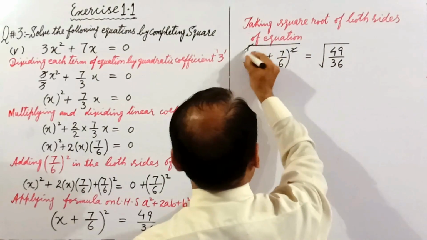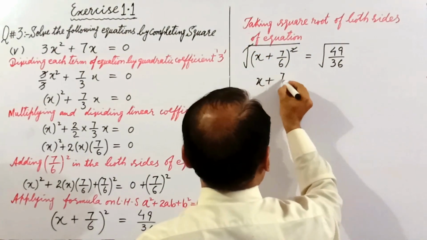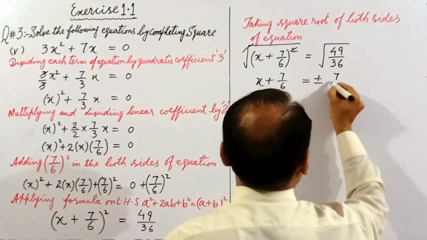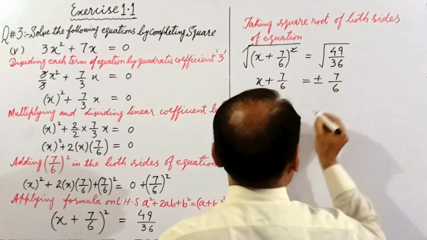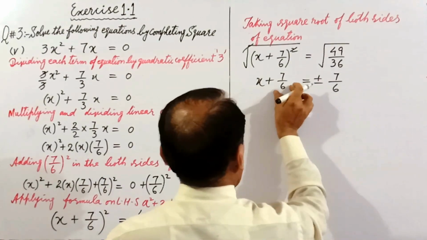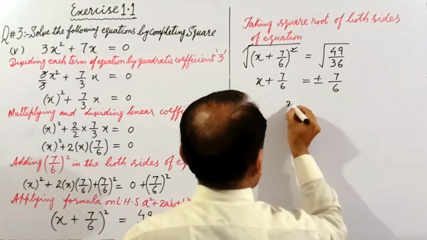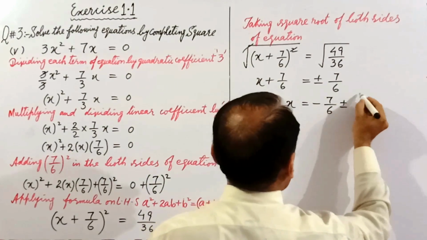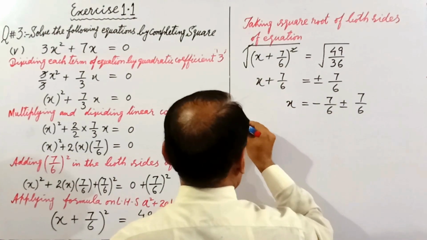Square is cancelled by square root. We have x plus 7 over 6 in the left hand side plus minus the square root of 49 is 7 and square root of 36 is 6. We move this term to the right hand side to get the value of x. We have x is equal to minus 7 over 6 plus minus 7 over 6.